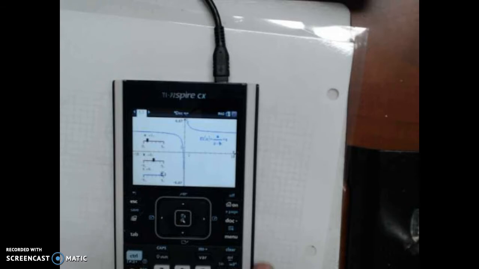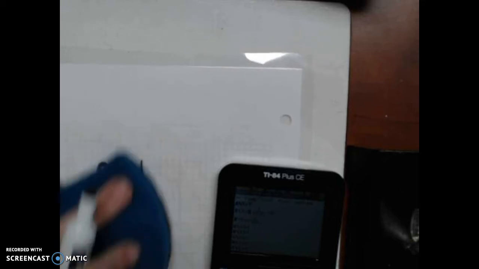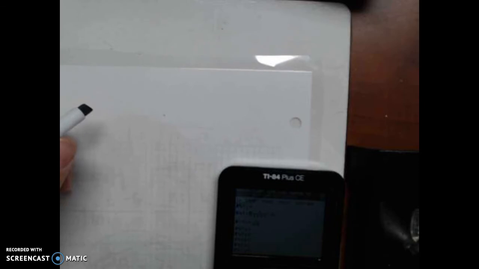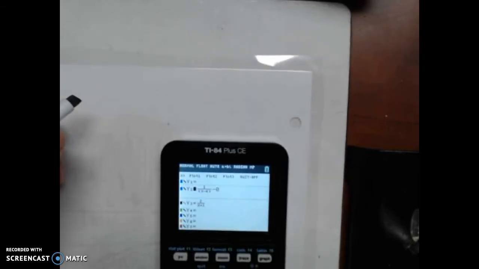And all I'll do here is go back to my other calculator and we'll put in a couple of values and see what happens. We'll put in some values into my function here.